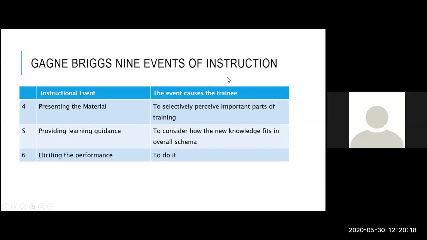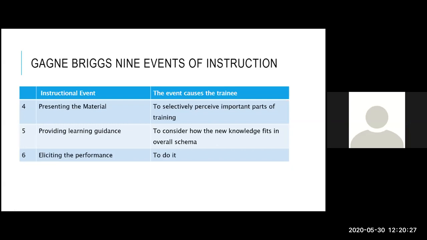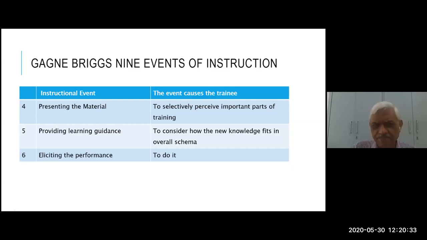Sir, I wanted to understand about point 5, providing learning guidance. Sir, is it somewhere related to point 9, enhancing retention and transfer of knowledge? Yeah, see, the purpose is essentially to be able to transfer what they have learned to the work role, right?